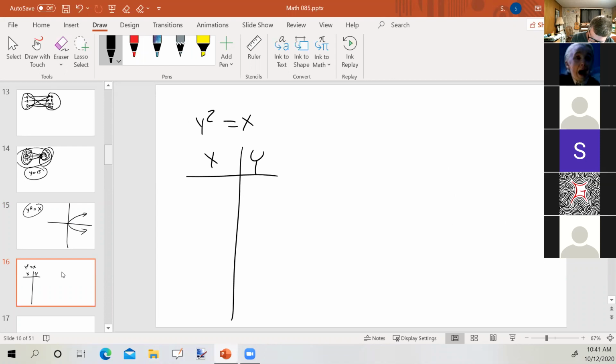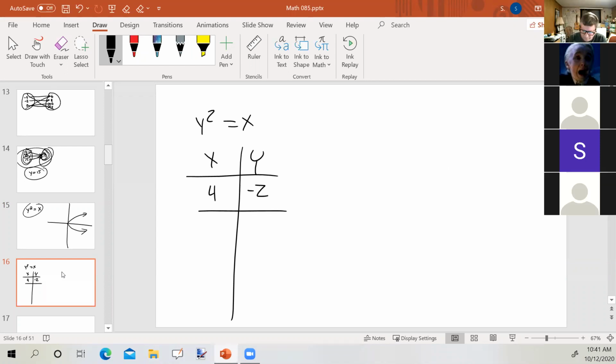Well, if x is 4, could y equal -2? If I put -2 here and squared it, what would I get? Isn't -2 squared equal to 4? Are you seeing this or not? Yes, it is.